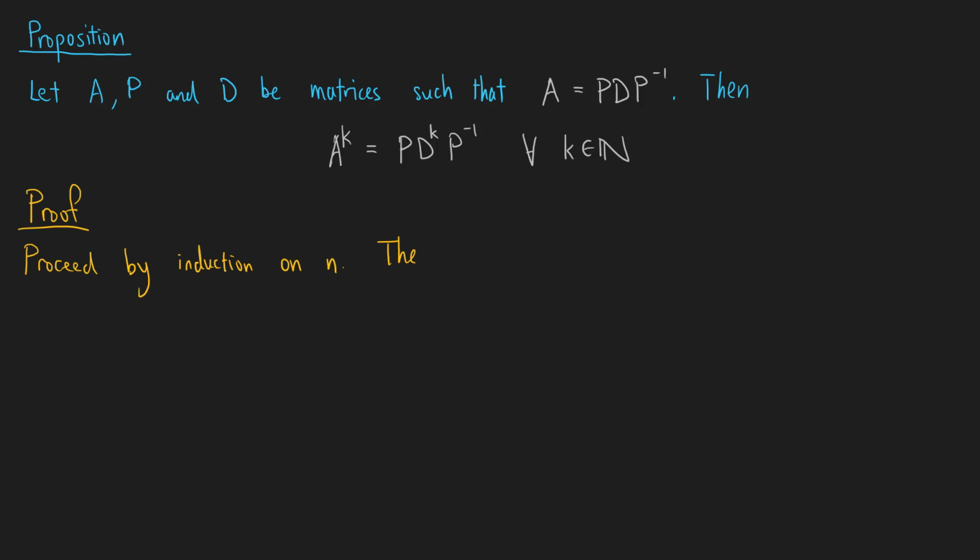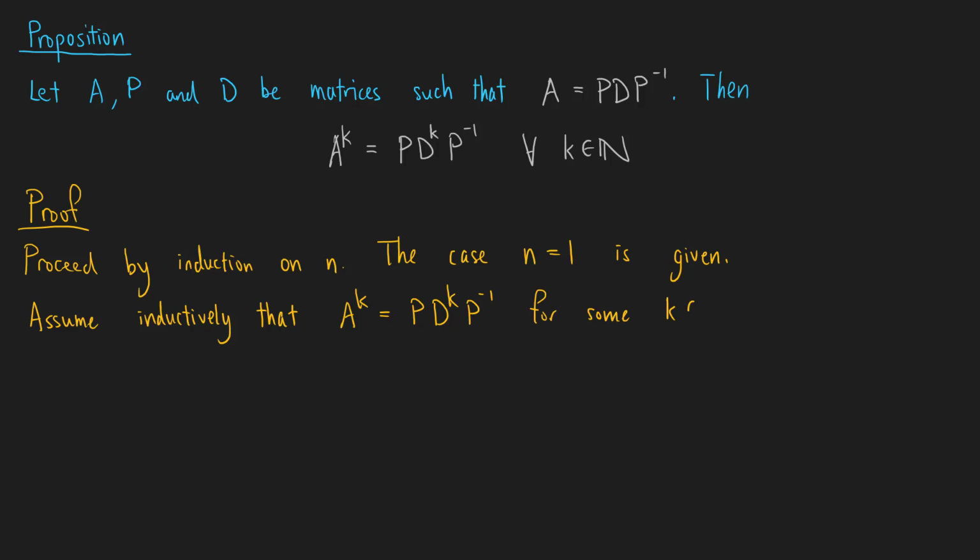When n equals 1, we need A equals P times D times P inverse, which is given. We assume inductively that A to the power K equals P times D to the power K times P inverse for some positive integer K. Then, A to the power K plus 1 equals A to the power K times A. This equals bracket P times D to the power K times P inverse times bracket P times D times P inverse.